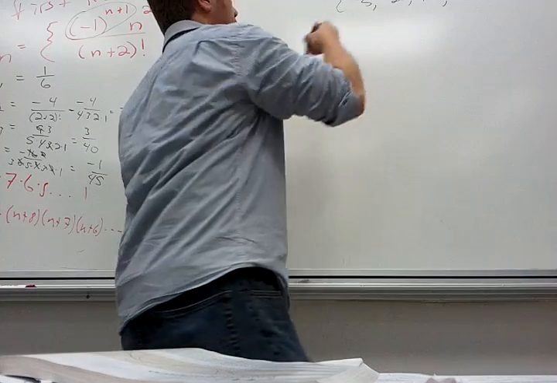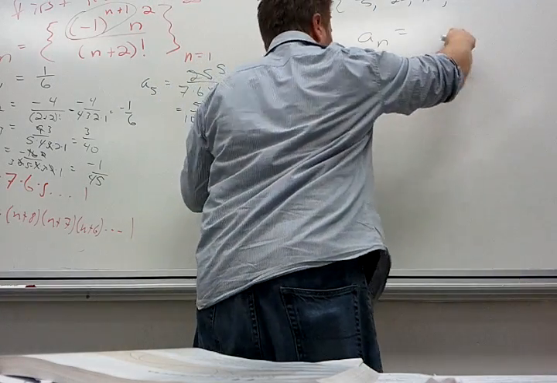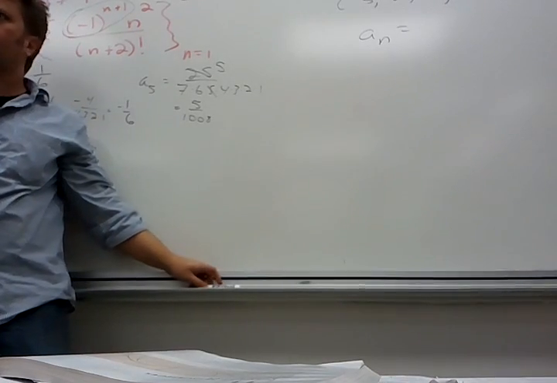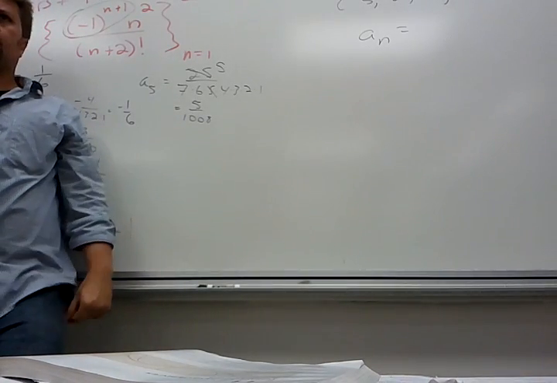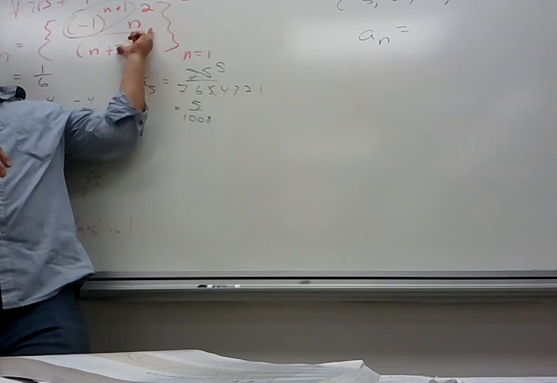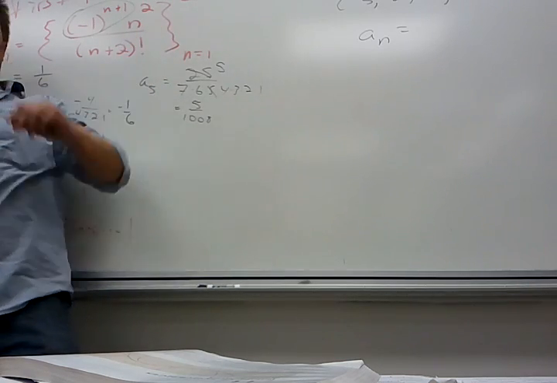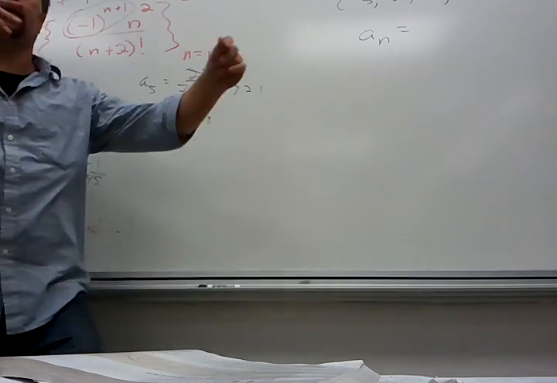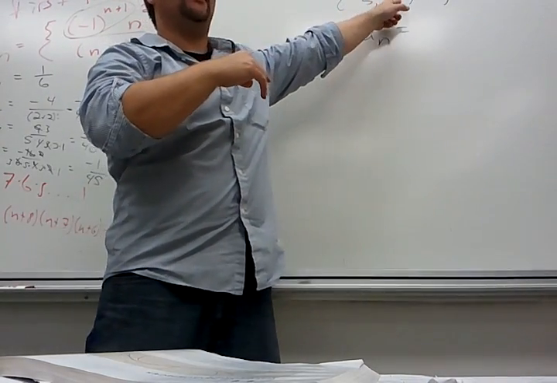Can you guys come up with that for this? Take a second, don't say anything out loud. Do you understand what I'm saying? I want you to come up with what this must have been to give me those elements. When n is 1, I want to have this. When n is 2, I want to have this.